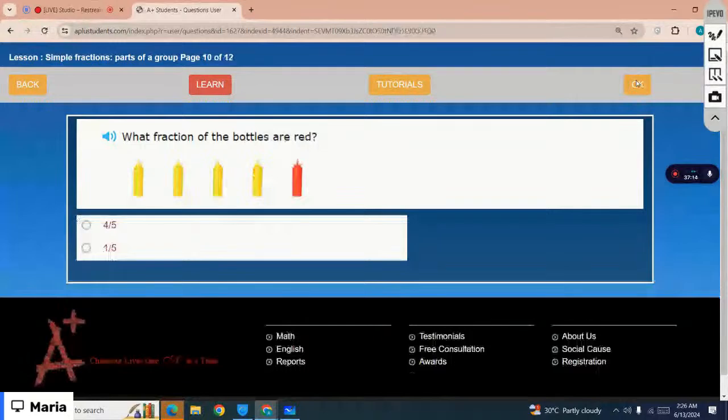What fraction of the bottles are red, which is the correct option? That is 1 out of 5. Option number 2 is the correct option.